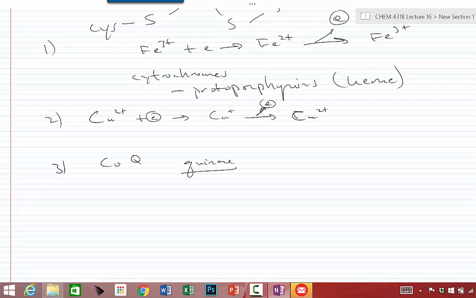NADH usually goes to complex 1, but in some organs it actually feeds directly to Q. So I just want to mention that Q is very important in that it's like a center for getting electrons, not just from the Krebs cycle, but from other places as well.